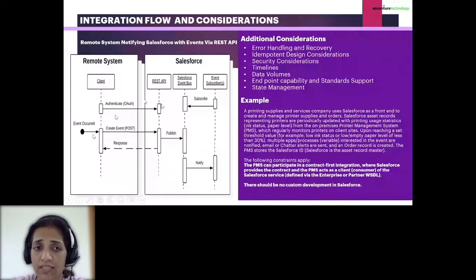Once the authentication is completed, if there is an error at the client side, an error event that occurred, and it wants to call into Salesforce, it can also create an event and post it onto Salesforce. So a Salesforce event can also be generated from an external system via REST API, because events are also available as REST API to be submitted from an external system.